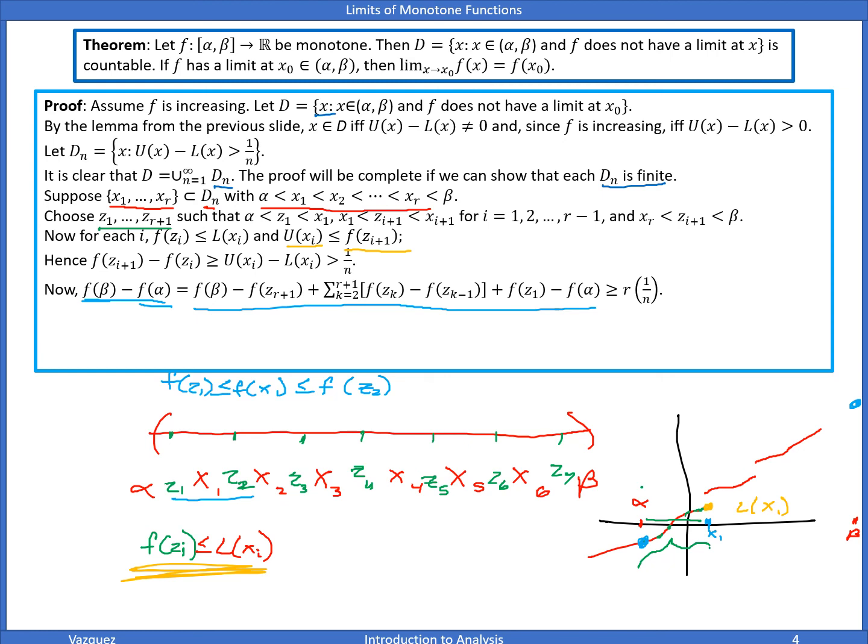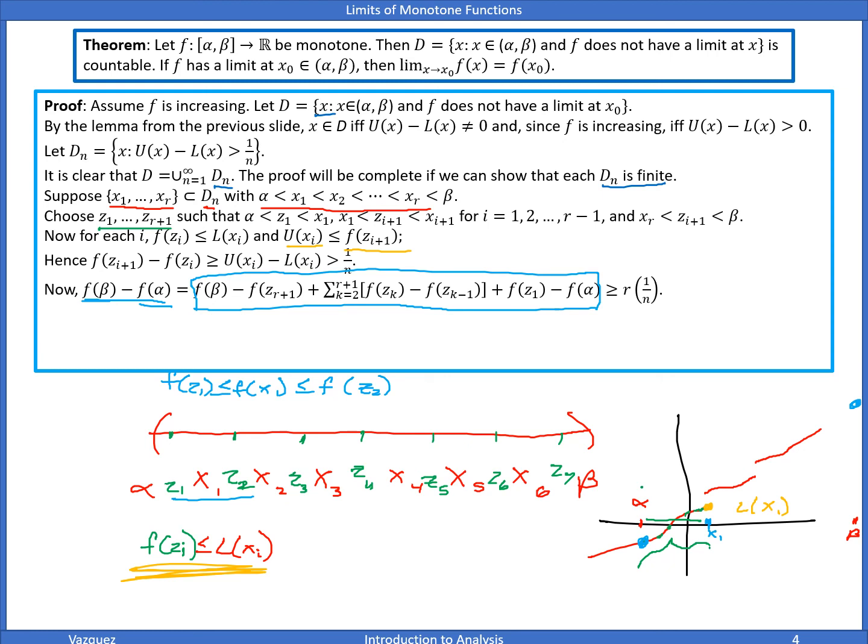And it's not just the little jumps, but it's also just as the function is increasing. So this here accounts for all our little jumps and also for when the function is increasing. It's another way to rewrite f of beta minus f of alpha, which is basically just saying how much the function increased from one endpoint to the other in the interval.